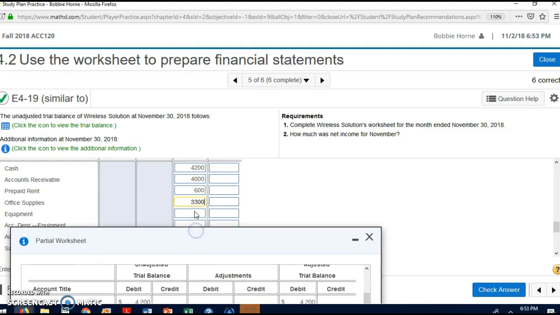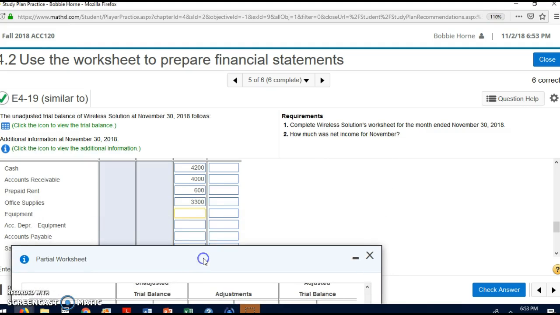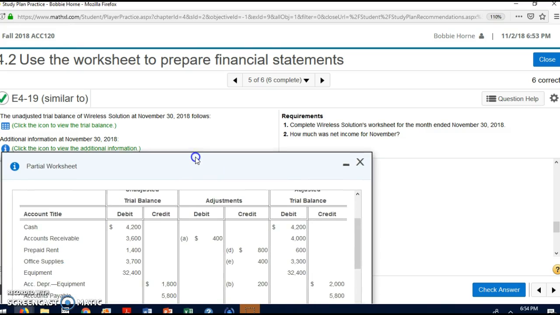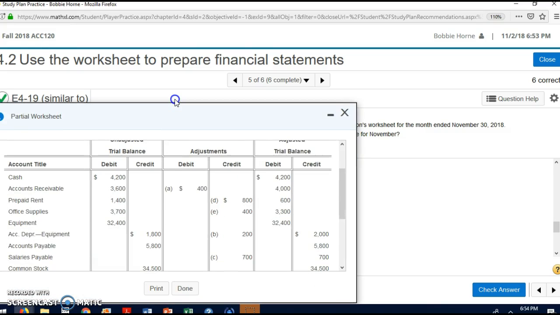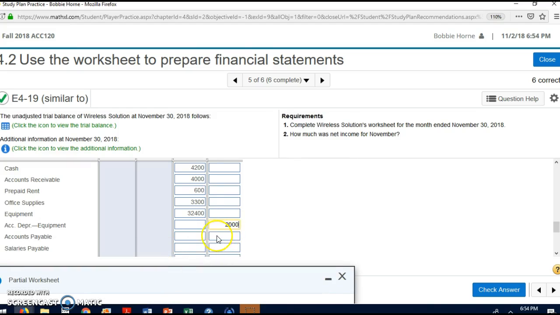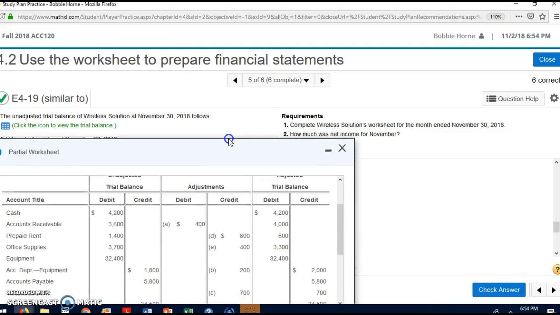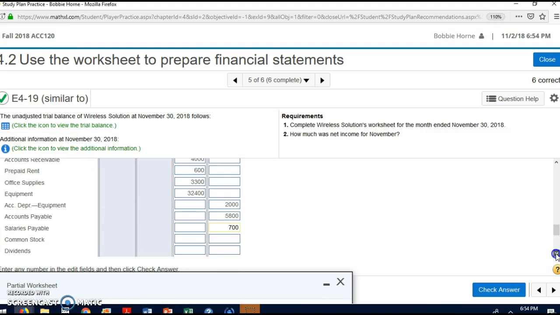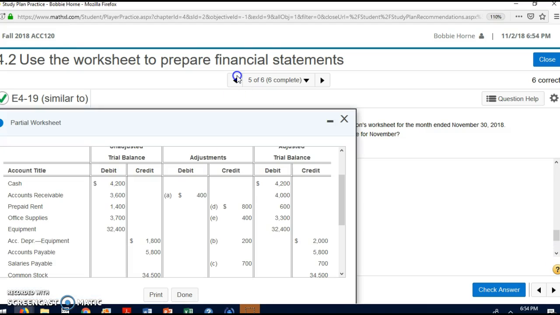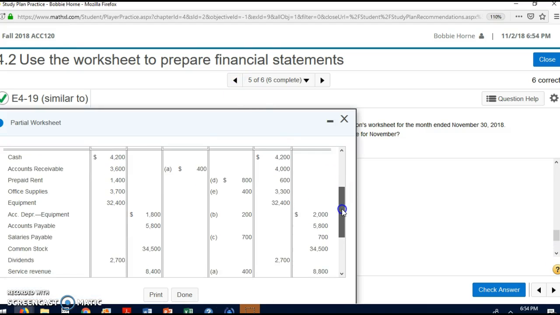Equipment is 32,400. Accumulated depreciation equipment is 2,000. Accounts payable is 5,800. Salaries payable is 700. Common stock is 34,500.